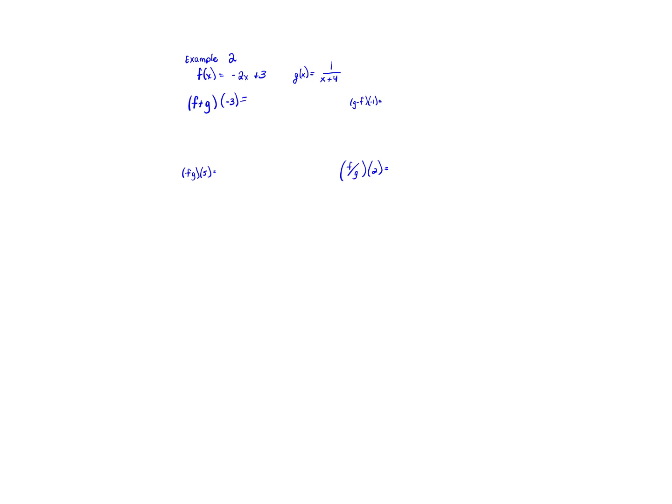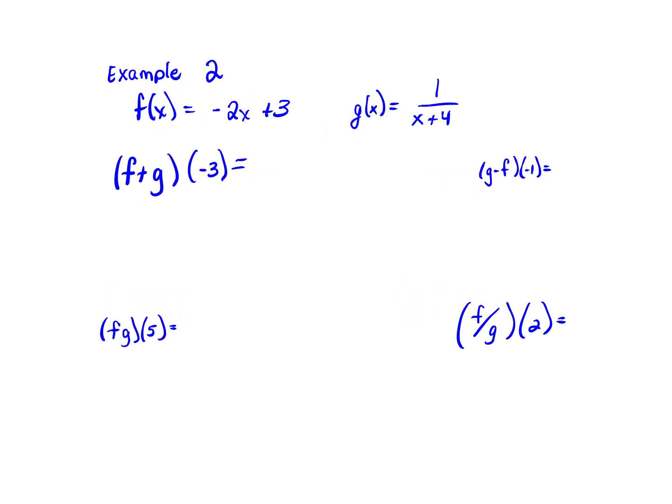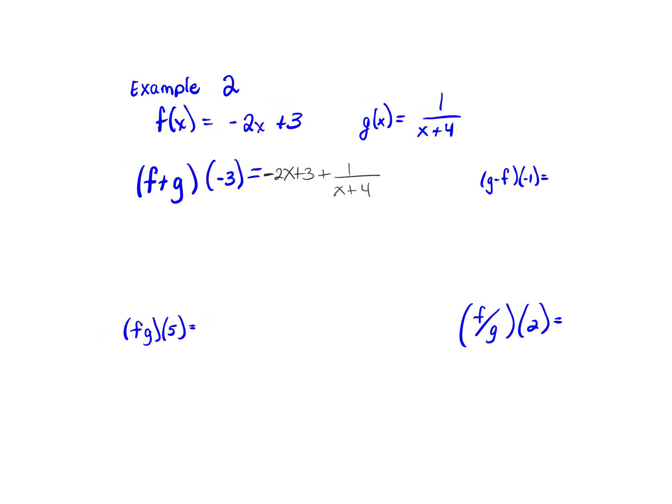Here we have example 2. They're giving us f of x is negative 2x plus 3, and then g of x is 1 over x plus 4. They're asking us to add, f plus g of negative 3. So we're going to go ahead and just write it in. So it's going to be negative 2x plus 3 plus 1 over x plus 4. Now, wherever there's an x, I will plug in now a negative 3.